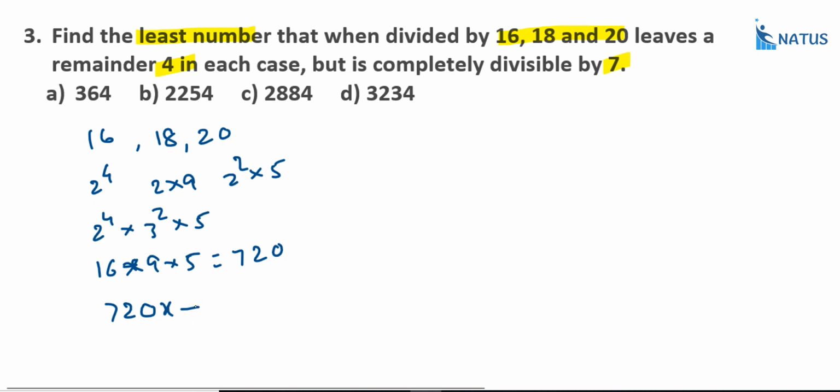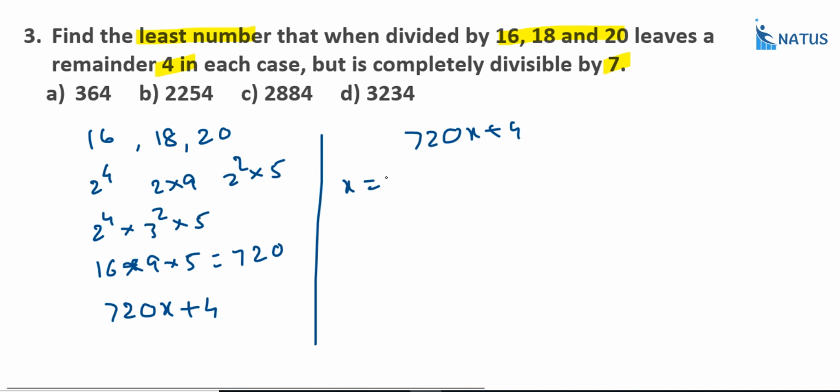But we require remainder equal to 4, so if you divide 720x plus 4 with any one of these numbers, the remainder is 4. That's okay. But what is the next condition? If you divide that number with 7, the remainder must be 0. Now the number is 720x plus 4.